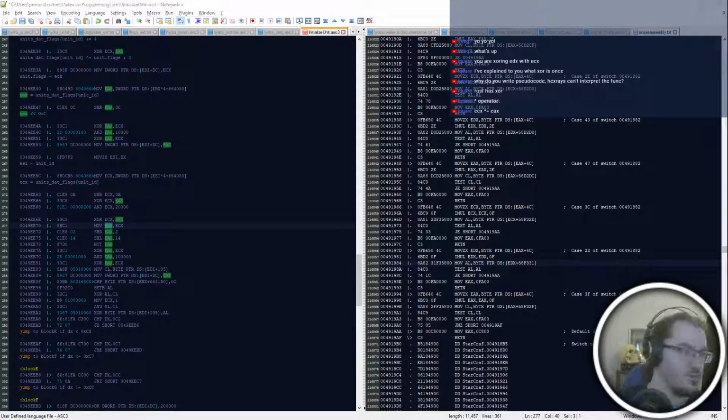Oh, shit. Is there a not operator in Rust? Rust not operator. Looks like it's just not.